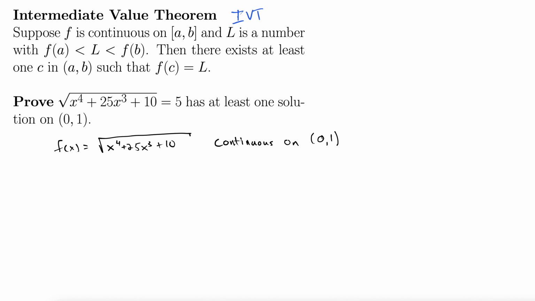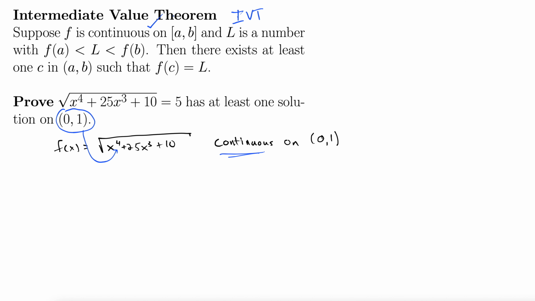Polynomials are always continuous. Furthermore, anything between 0 and 1 here, if we plug it into this polynomial, we're going to be positive, which means that the square root is not going to be problematic in any way. So any possible value we could plug in works for the polynomial, works for the square root. Composition of continuous functions is continuous, so this thing is indeed continuous.